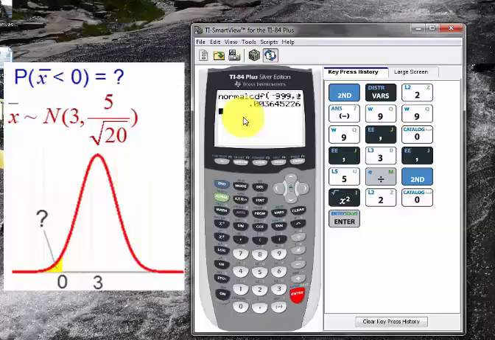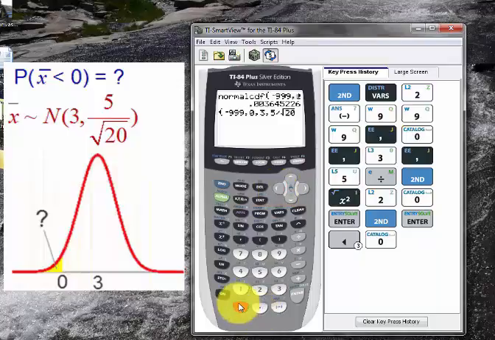What would happen if you threw all of your money into a single stock? Well, that'd be the same thing, except in our calculation, let's go back. I'm going to go second entry, and I'm going to tweak it a bit. That would be the same thing, except that you're not dividing by the square root of 20 anymore. Now, we have a sample size of 1. We're back to the old just normal distribution.